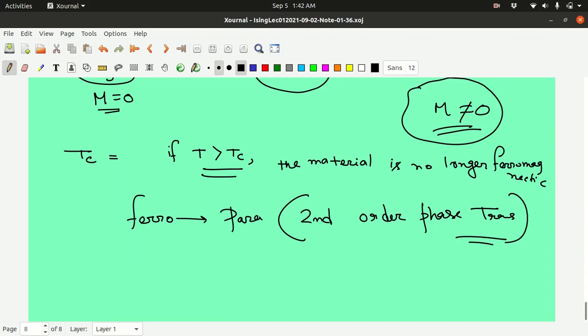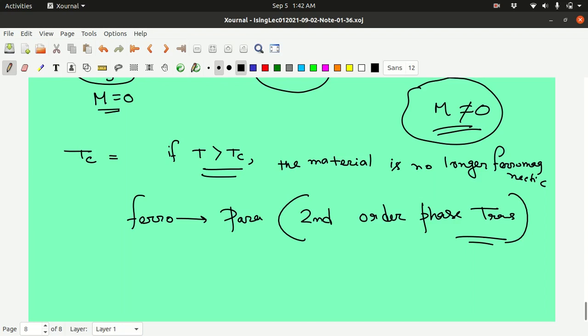When you increase the temperature of the system to greater than or equal to the Curie temperature, the magnetic moments will orient randomly because of thermal effects, and that randomness will kill the interaction between the spins. They become all random, which makes the material paramagnetic with magnetization equal to 0.